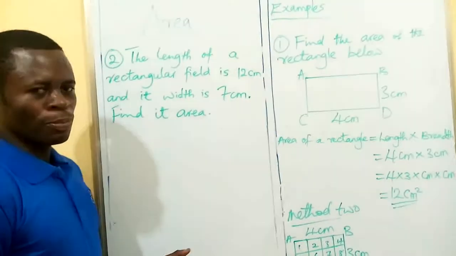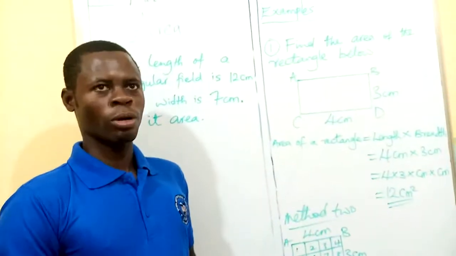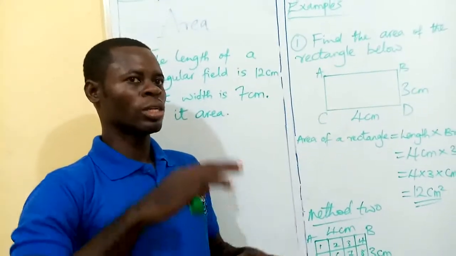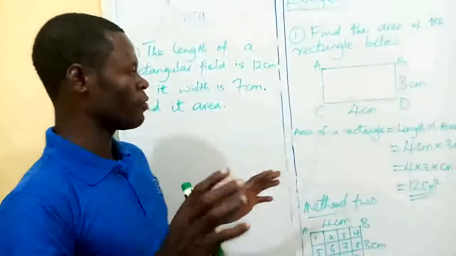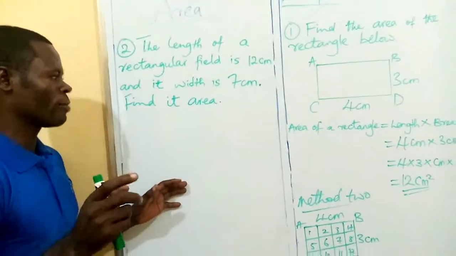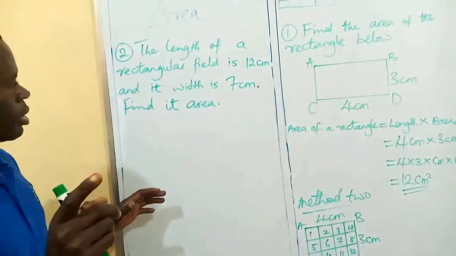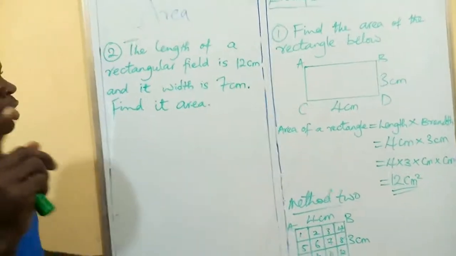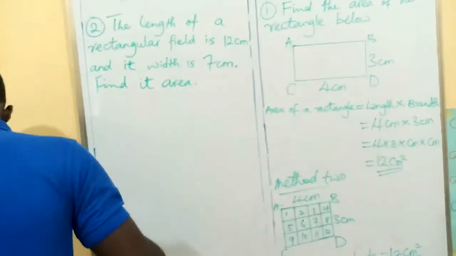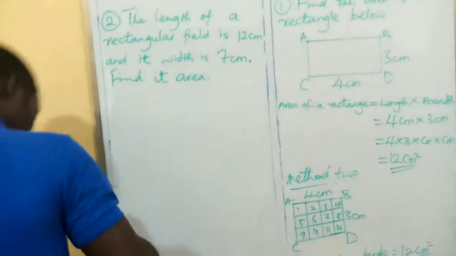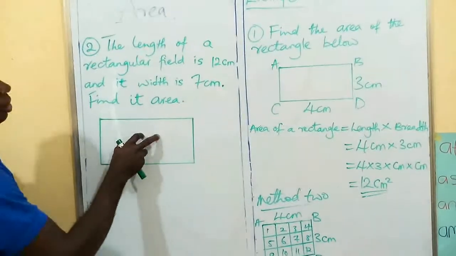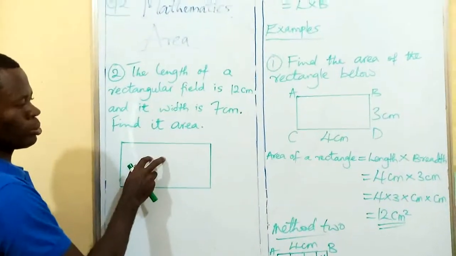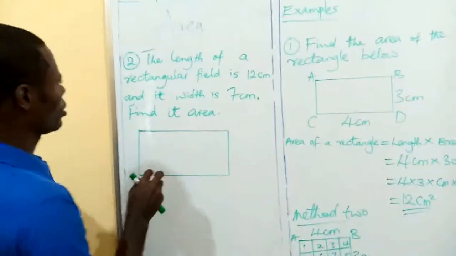We know that a field is a place where we play football, and you can also recall how the field in your school compound looks. What shape is it? The field in the school compound has a rectangular shape. So we are going to draw the field out. As I told you earlier, it's good to draw the field so that you understand what you are doing.